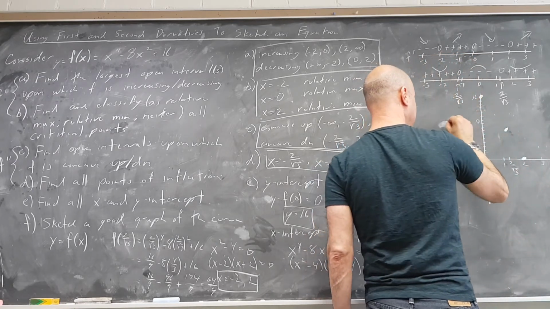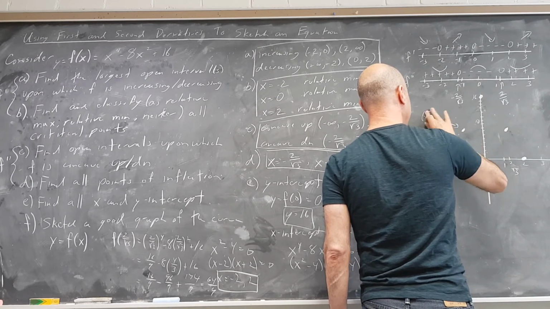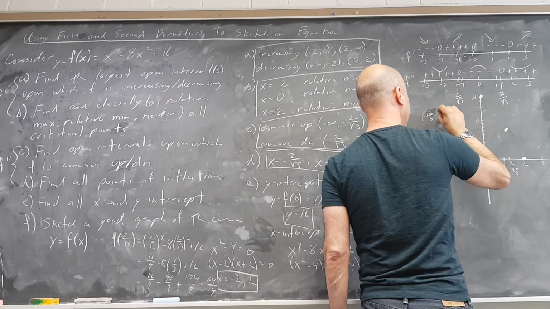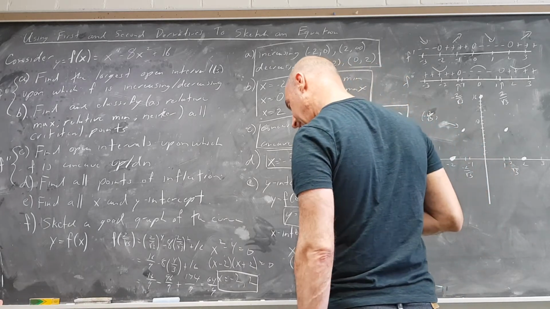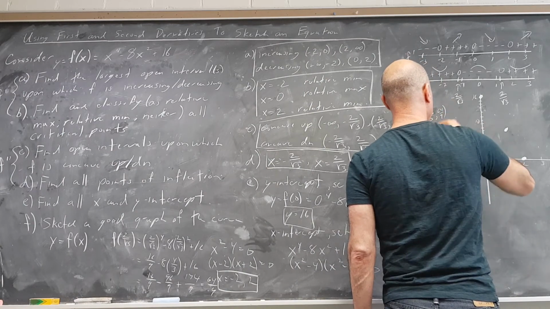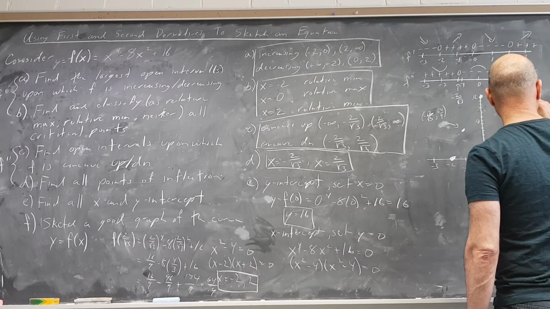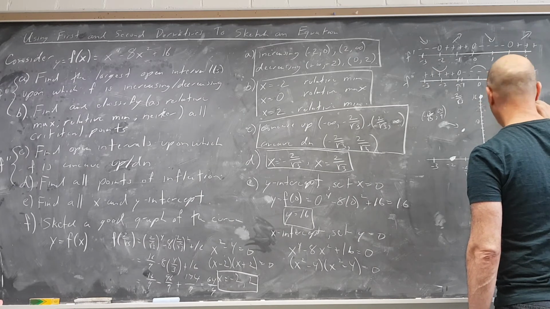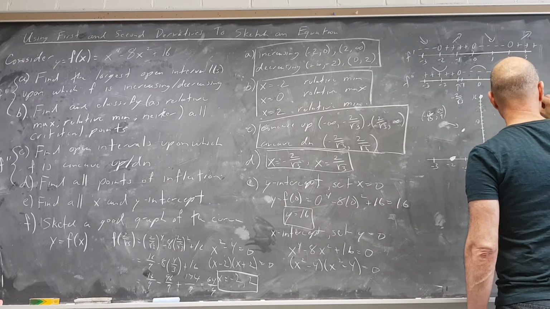So that point is minus 2 over root 3, comma, 64 over 9. And this one is 2 over root 3, 64 over 9.